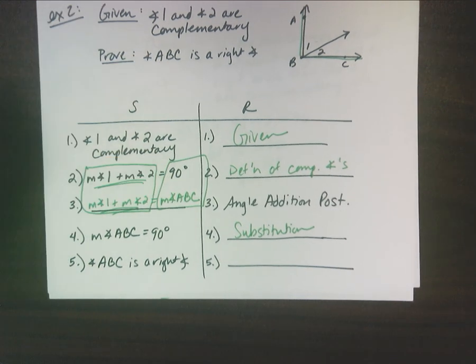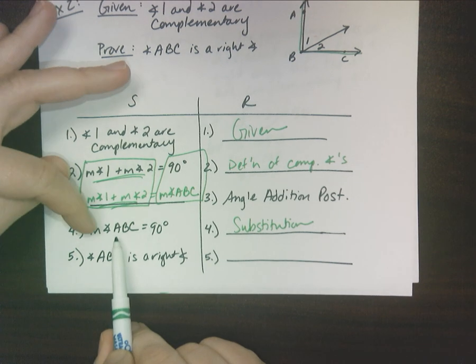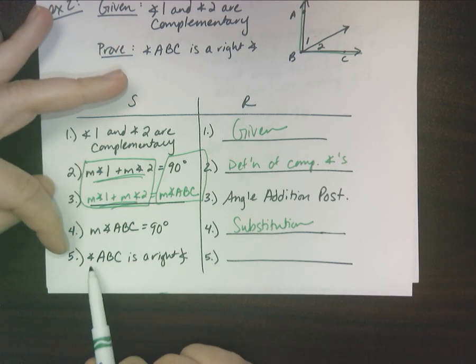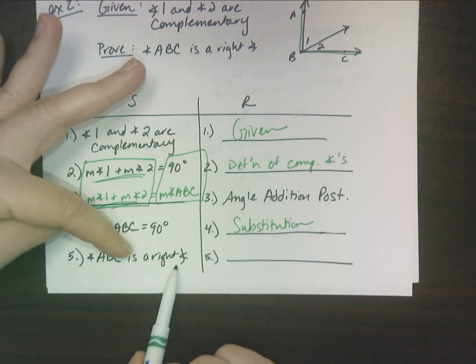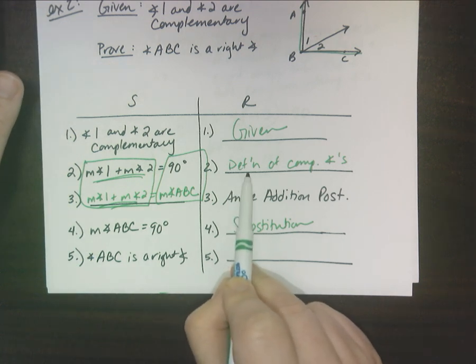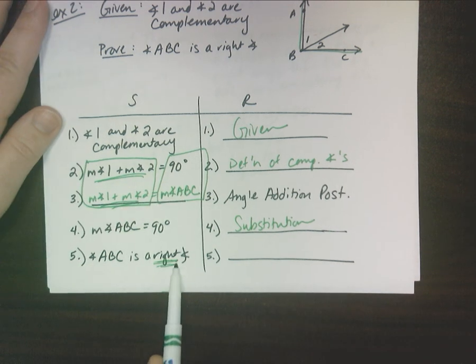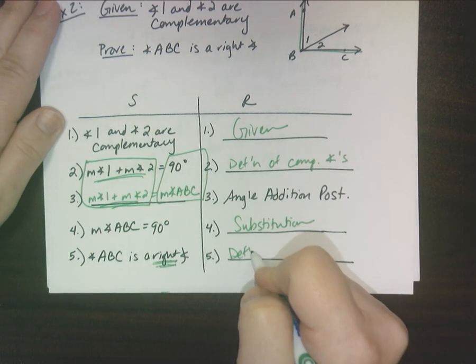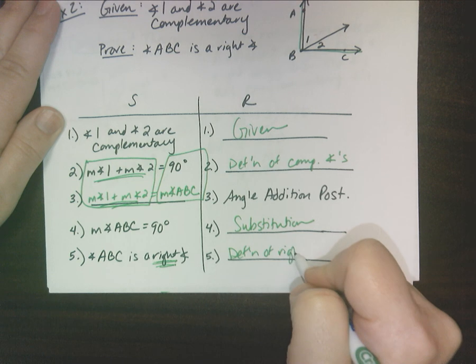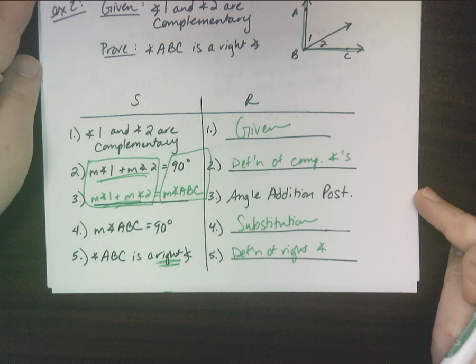I'm just putting a 90 right there. All right. Measure of angle ABC equals 90. Why am I allowed to say that ABC is a right angle? Hint, hint, hint. Definition of complementary? Why am I allowed to say that? Definition of a right angle. Easy.